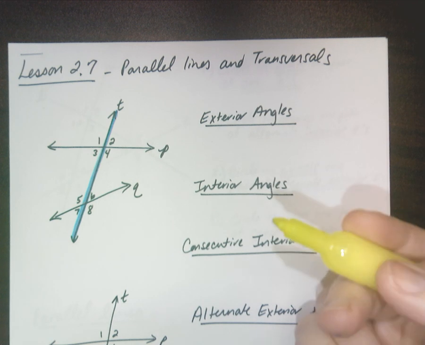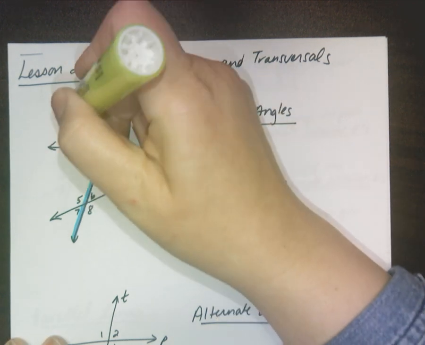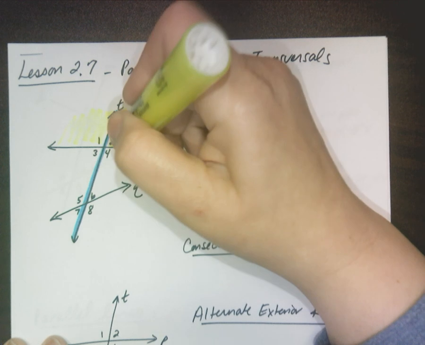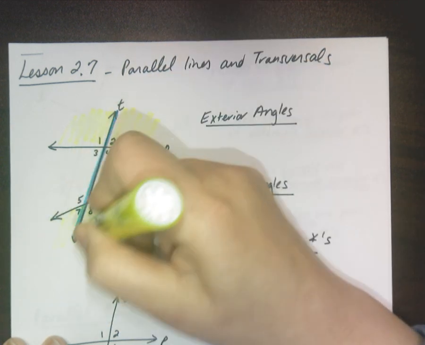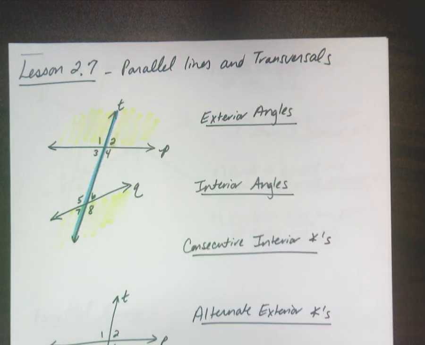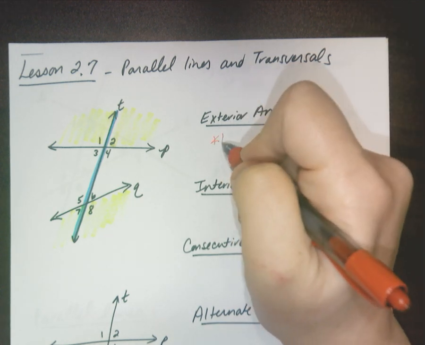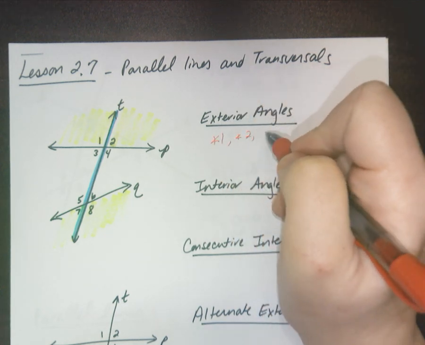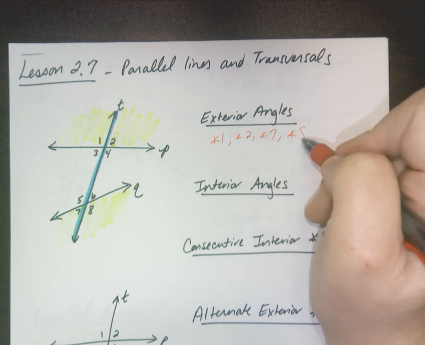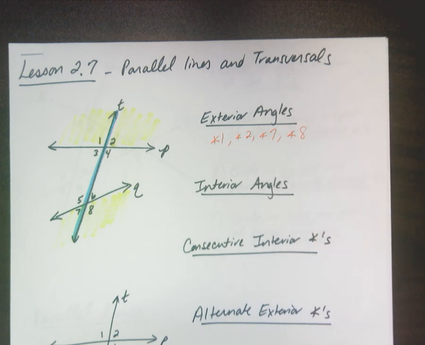The exterior angles are the ones on the outside. Those are your exterior angles. So we would say angle 1, angle 2, angle 7, and angle 8 are the exterior angles, angles on the outside.